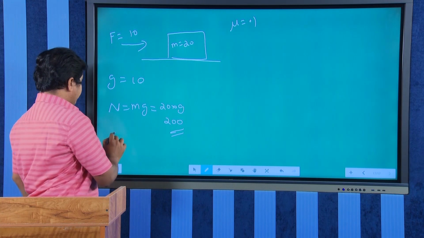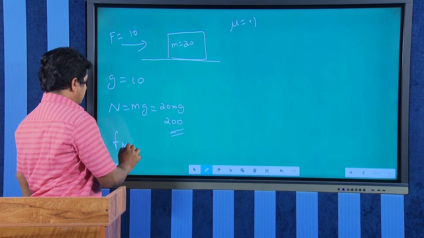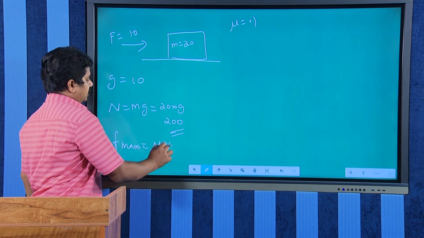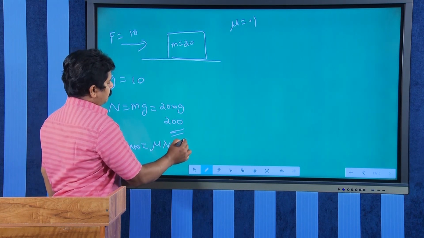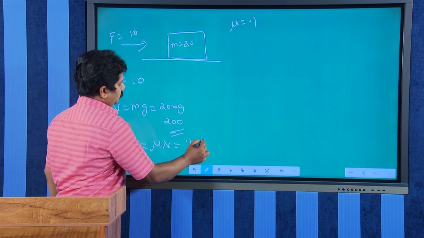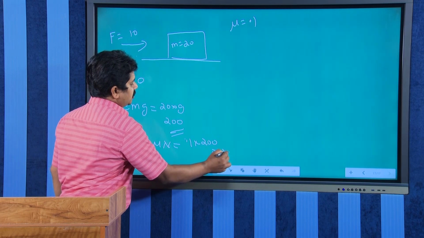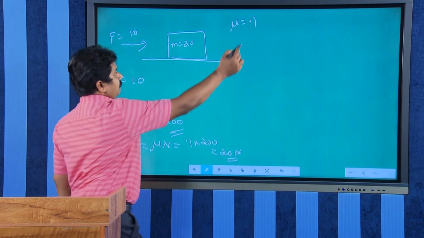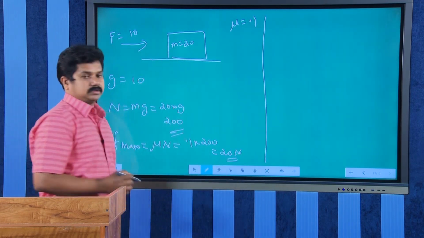And what is maximum friction? F max is mu into normal reaction, that is 0.1 into 200, that is 20 Newton. This is the maximum value of the frictional force.